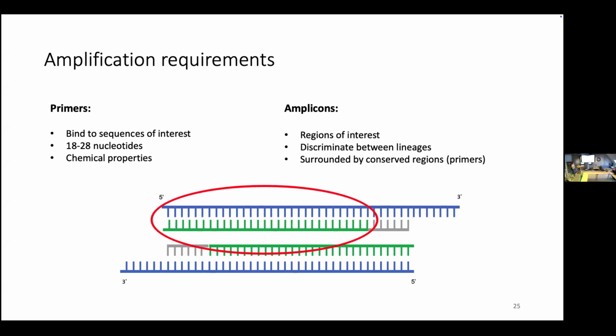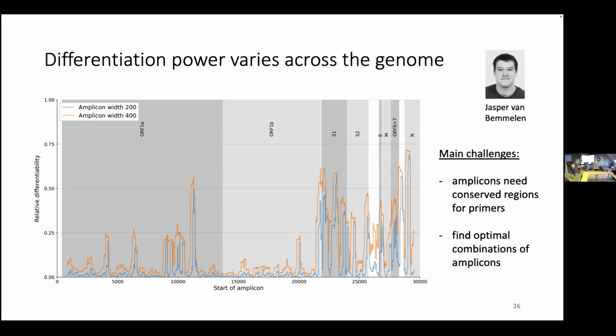Okay. So what then Jasper, my PhD student, started looking at is, okay, if we have this database of all those sequences, and we take an amplicon of a certain size, so here we consider either 200 or 400 base pairs, starting at a certain position, between how many pairs of sequences, how many pairs of lineages can we distinguish based on just this sequence?